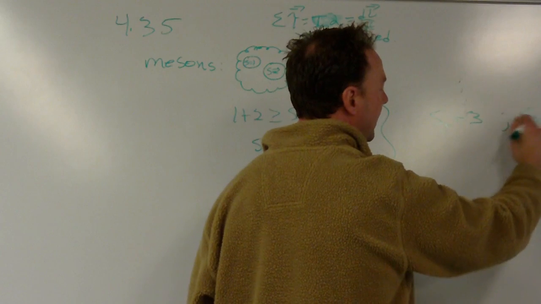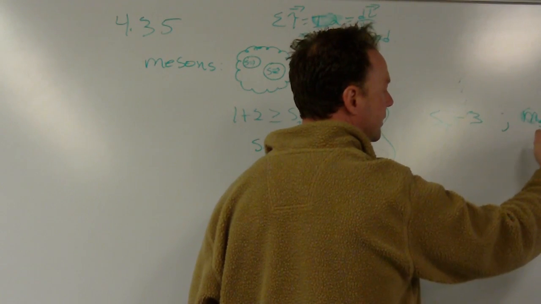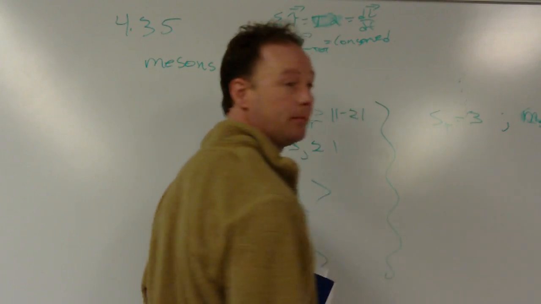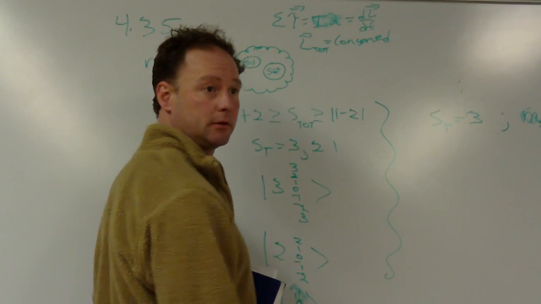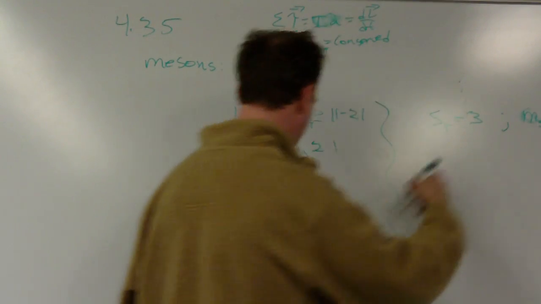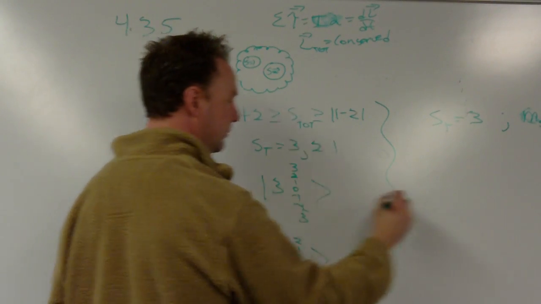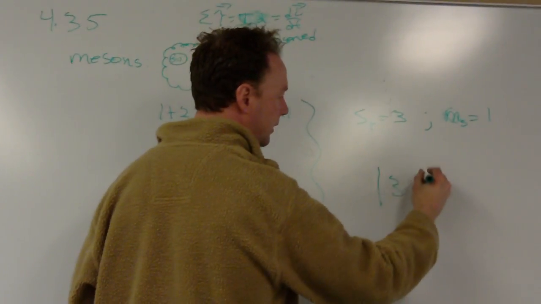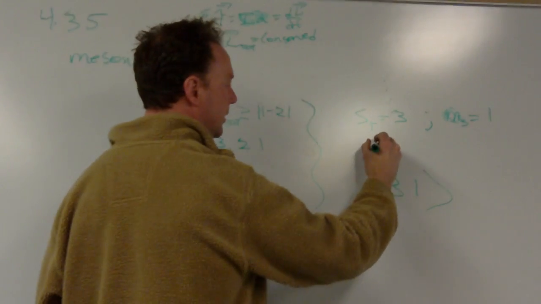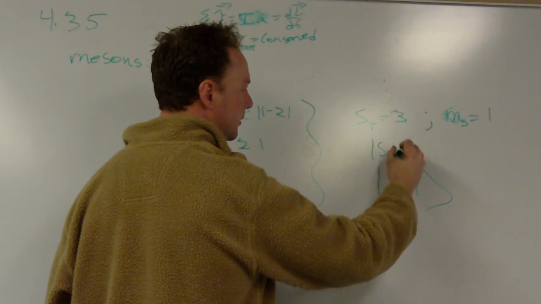So M_S equal to h bar, so what would M_S be? 1. So out of all of these, we're looking at this particular one, a 3, 1. Let's write this as S total, M_S.